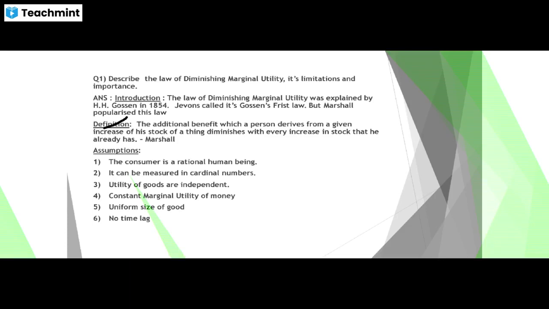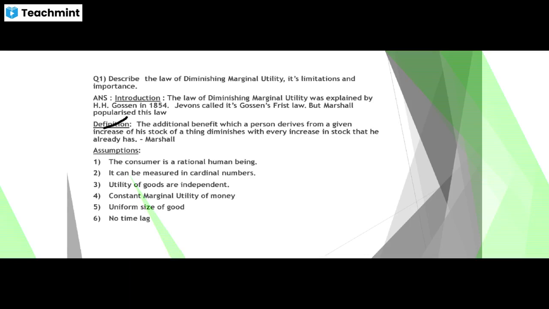Example, the first apple we take, we get 10 utils of satisfaction, then the second apple will give less than 10, like 8, and the third one will give 6. Like that, if you use one good continuously, that extra good will give less satisfaction. So that extra satisfaction is called marginal utility.